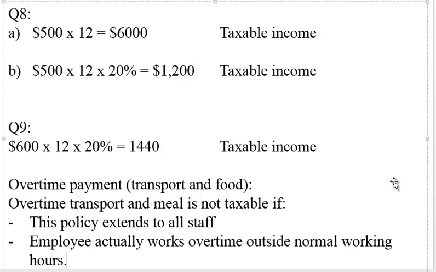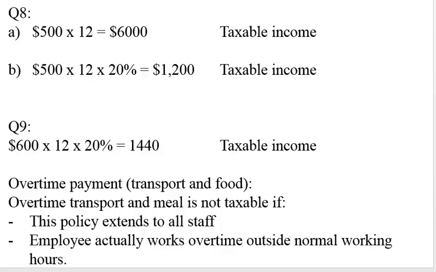So if IRAS says you can only get paid $150 per day for everything, food, transport, but your employer pays $200, then the excess is taxable because you're getting paid more than the limit. Okay, and we call it per diem allowance. This is the allowance for overseas trips.